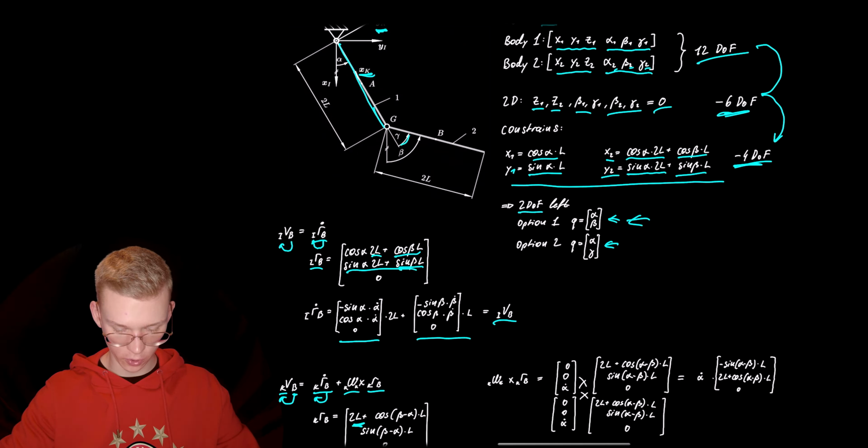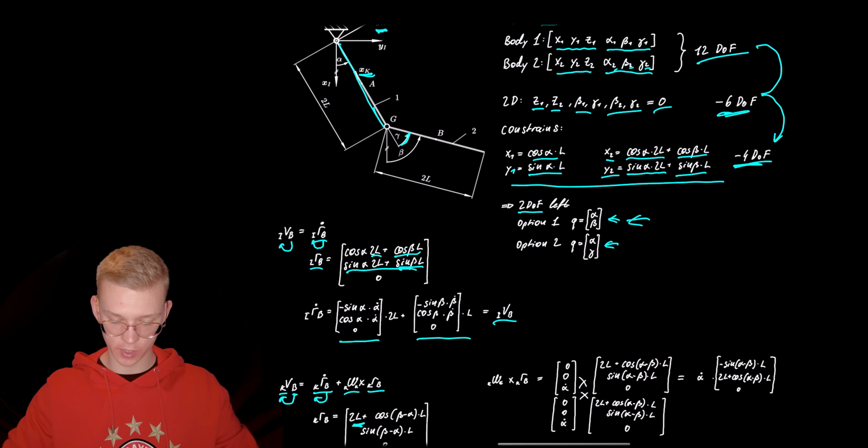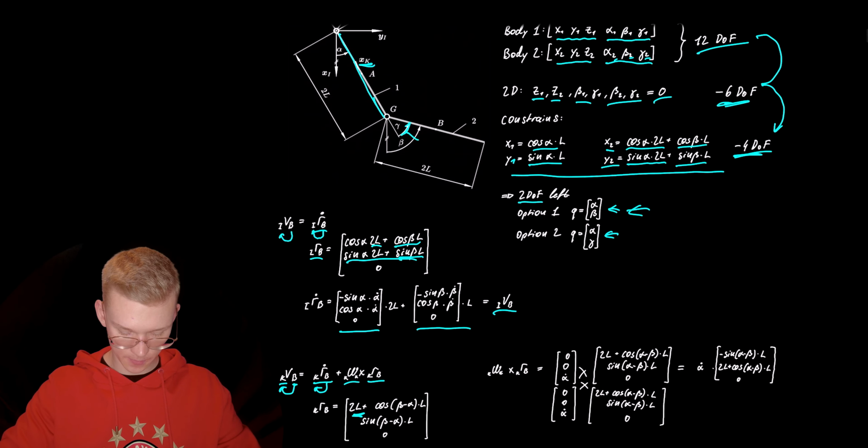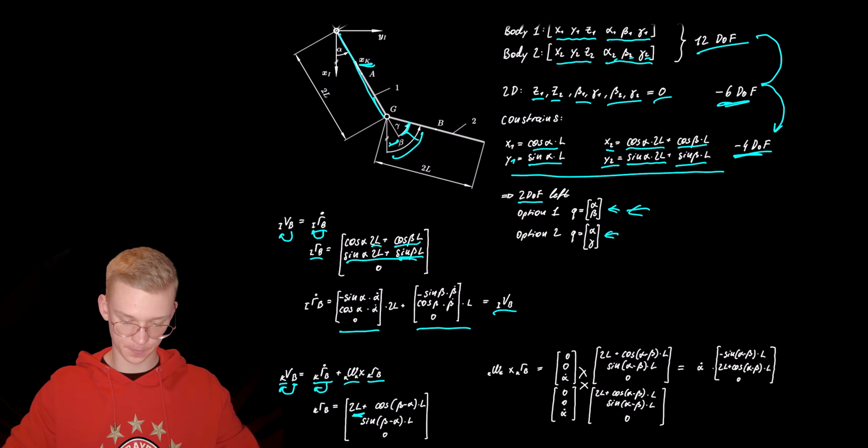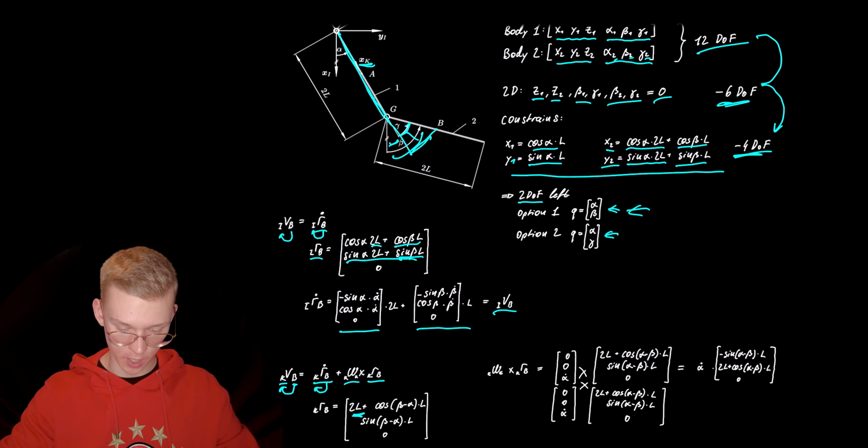And then we have to go gamma. But we didn't choose gamma, we chose alpha and beta. And we know that gamma is just beta minus alpha. So that's what we do. We go 2L into the X direction, and then we have to go cosine beta minus alpha times L.